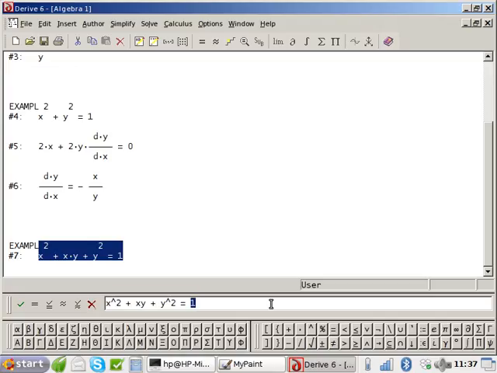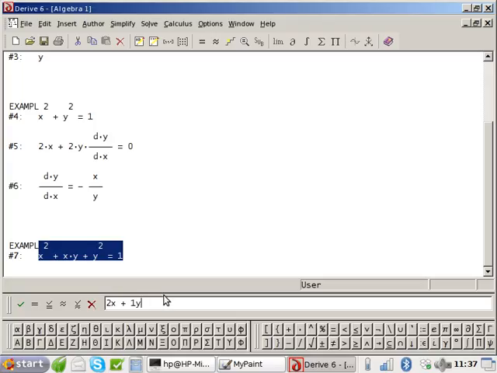Okay, what's the derivative of x squared? 2x. And derivative of xy? x dy over dx plus y. Yeah, you need the product rule because you're multiplying x and y. So firstly, derivative of x, that's 1.